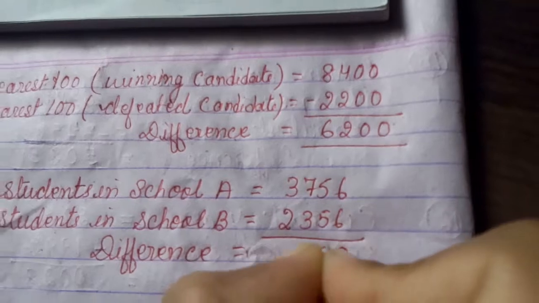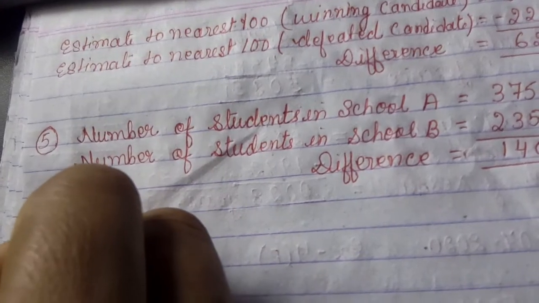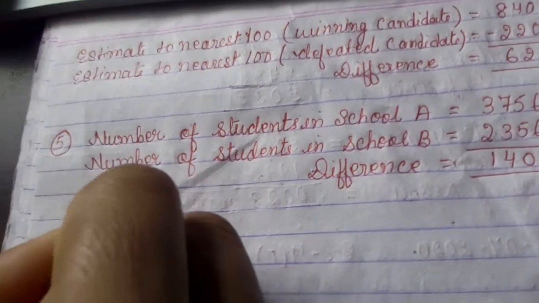So 0, 0, 4, 1. Now estimate to nearest 1000.